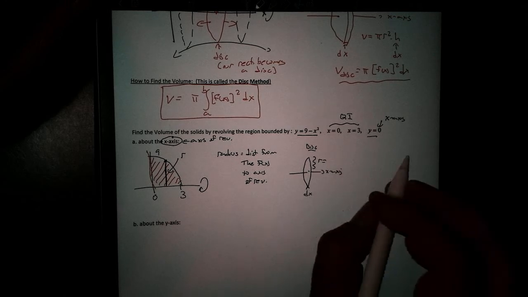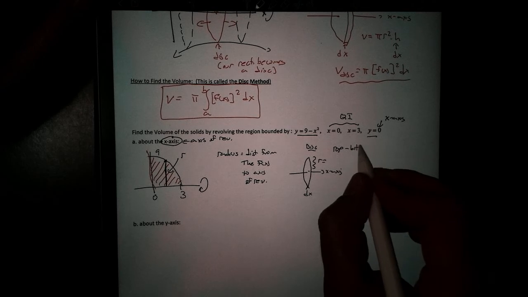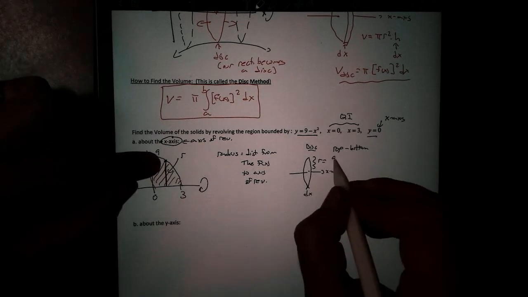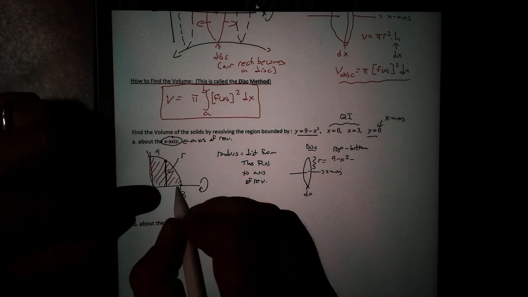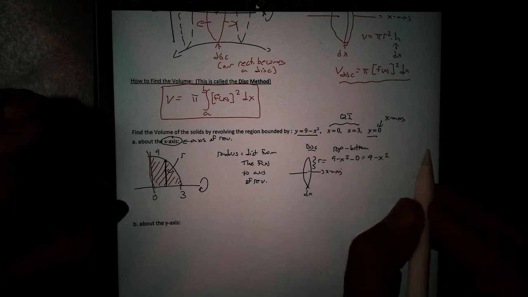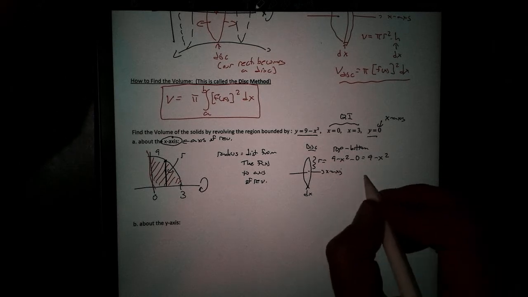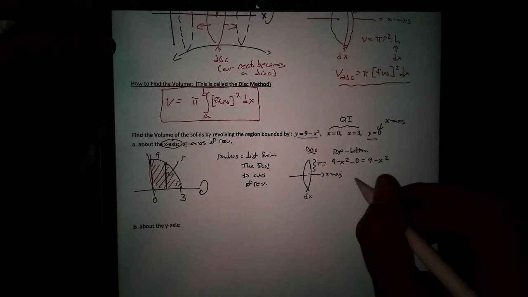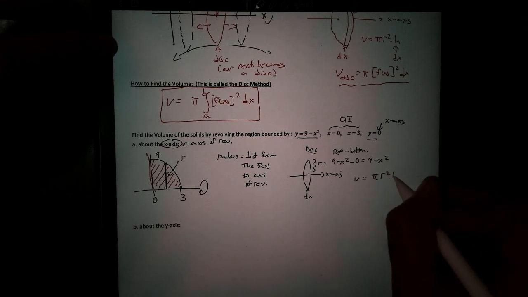Well, how do we get our radius? Again, it's going to be top minus bottom. The top is just my parabola, 9 minus x squared. The bottom is our axis of revolution, which is 0, and we get 9 minus x squared. So to get my volume, remember, it's pi r squared h.